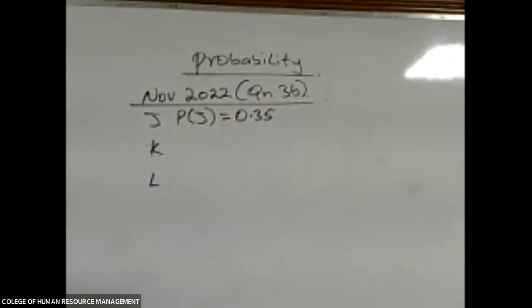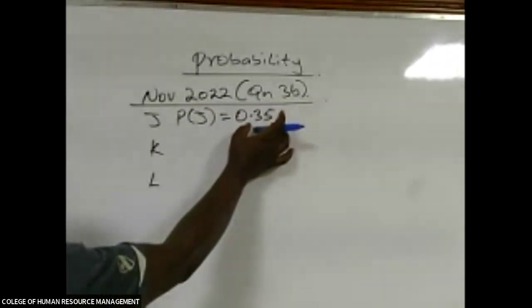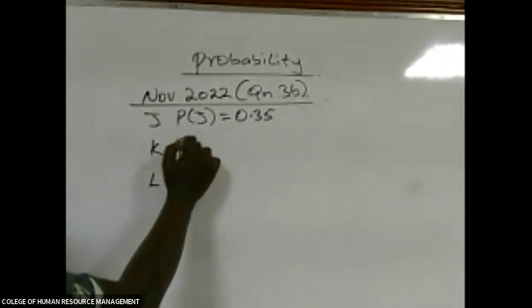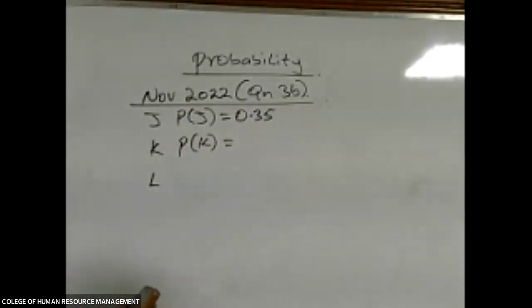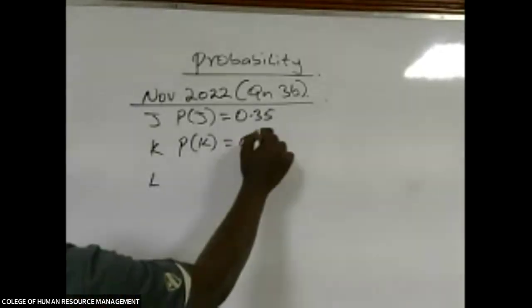The probability that a unit is produced by K, K can produce 40%, which is 0.4.